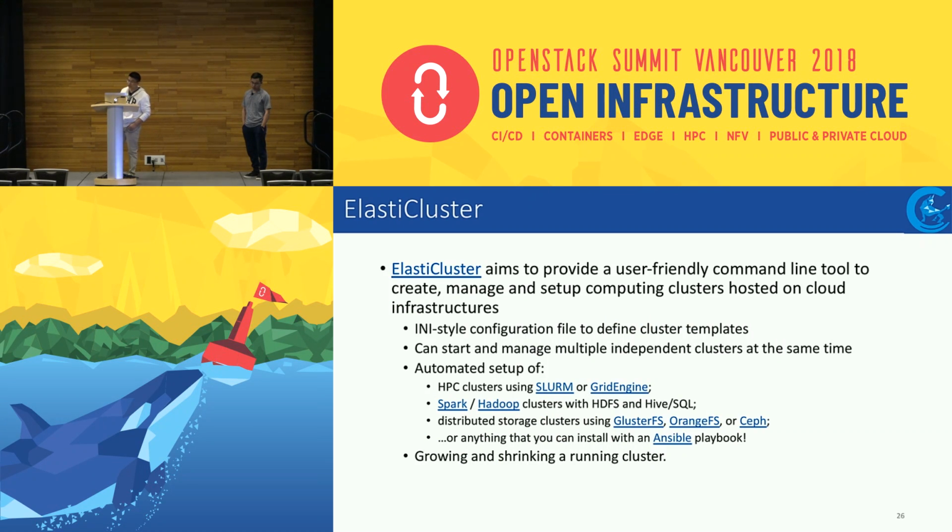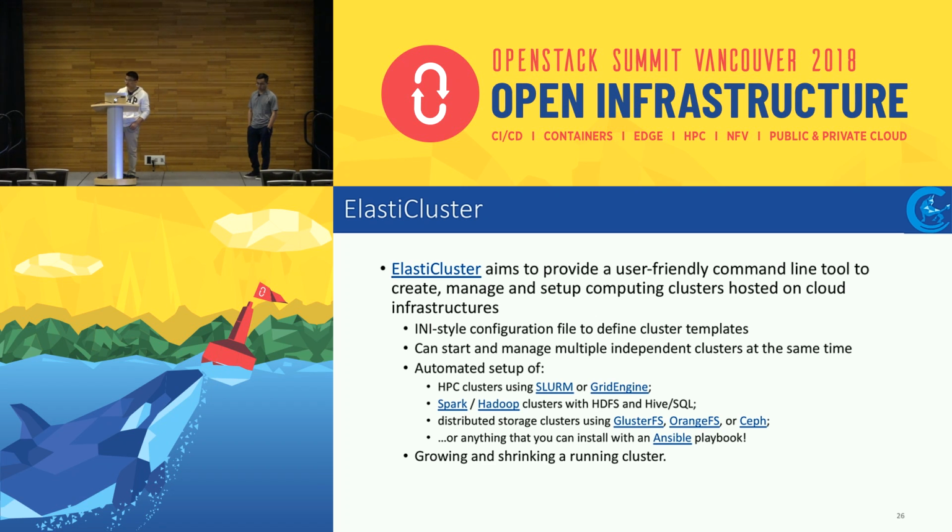In order to achieve a self-service Slurm cluster, we choose an orchestration tool, Elasticluster. It aims to provide a user-friendly command line to create, manage, and set up computing clusters hosted on cloud infrastructures. It uses an install configuration file to define cluster templates.